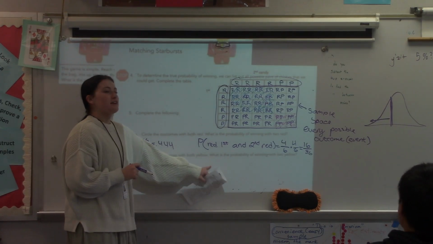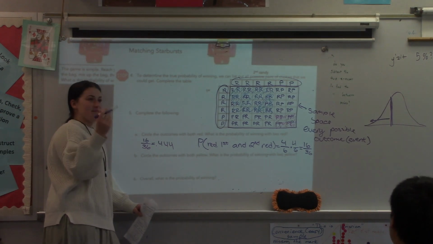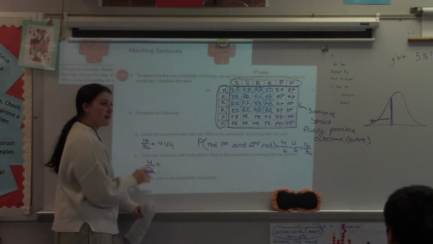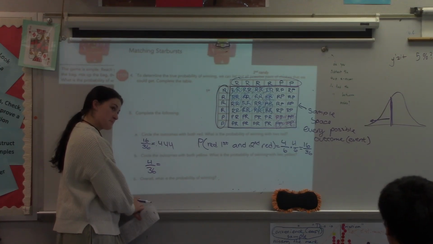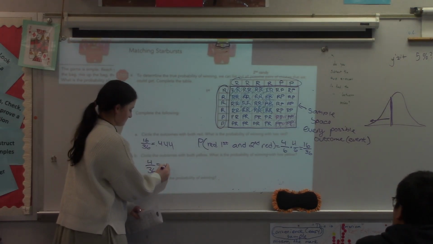What's the probability of winning with 2 pink? 4 out of 36. What's that decimal? It's like 1 over 9.